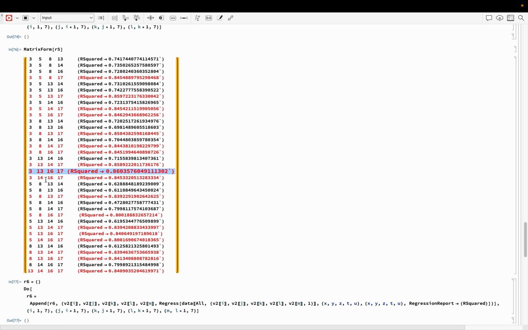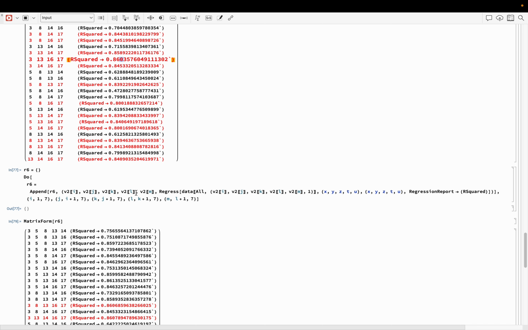So this is our previous best set with 16 added, and what we get is 0.86 as compared to 0.858. So the difference is on these decimals. Yes, so this is rather small. However, there are also other possibilities, but this is the best.